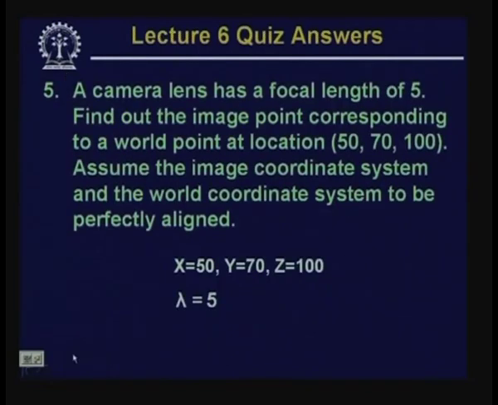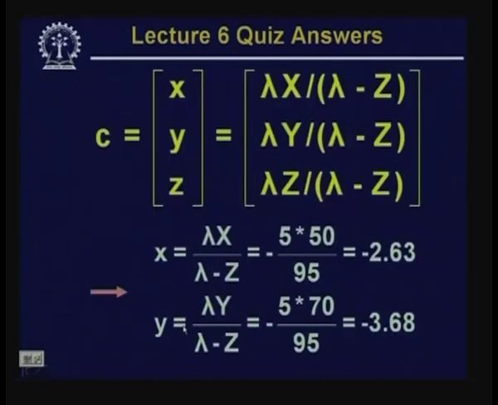Then we had given the fifth problem where we had given a 3D world point and the coordinate of the camera. We were to find out what is the corresponding image point. So, here the image point is obtained as x equal to minus 2.63 and y equal to minus 3.68 after applying the transformations that we have discussed.